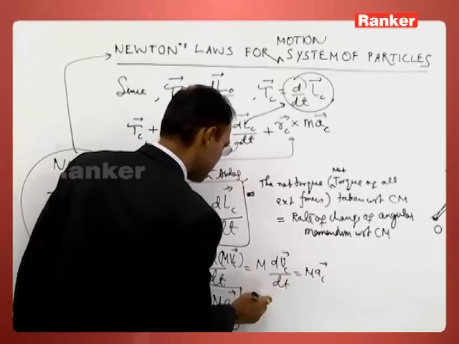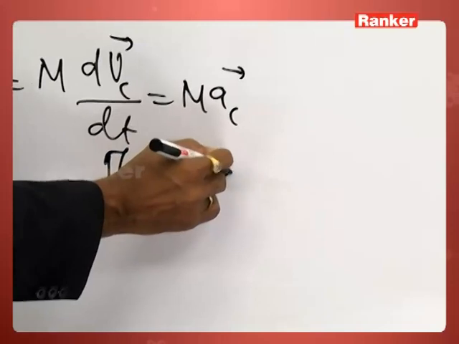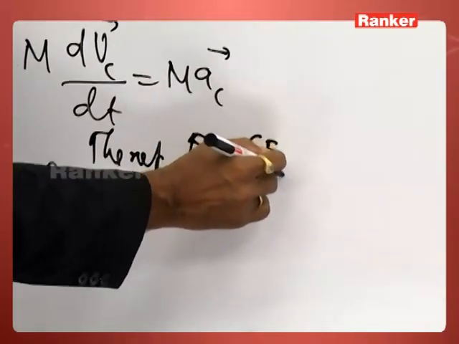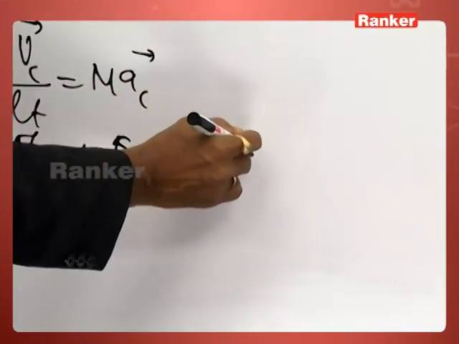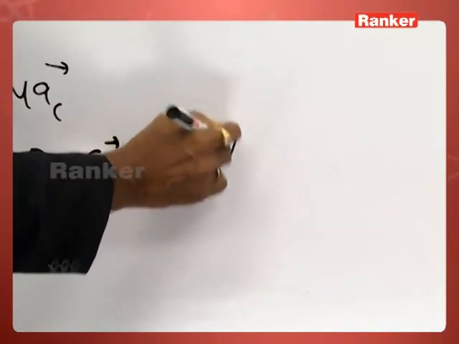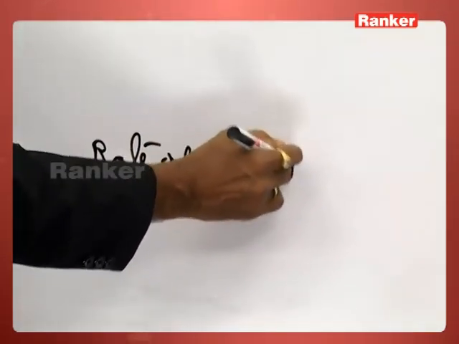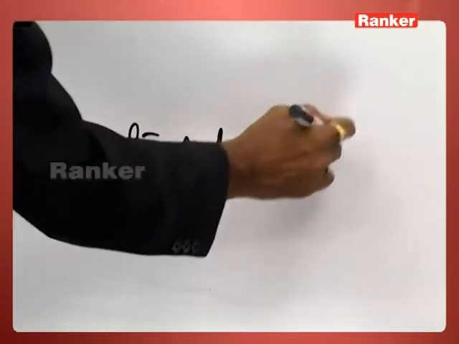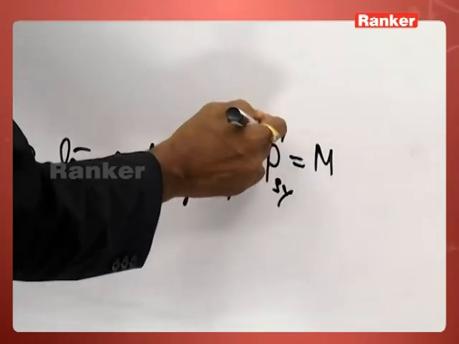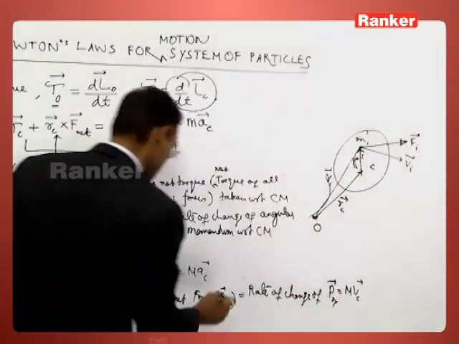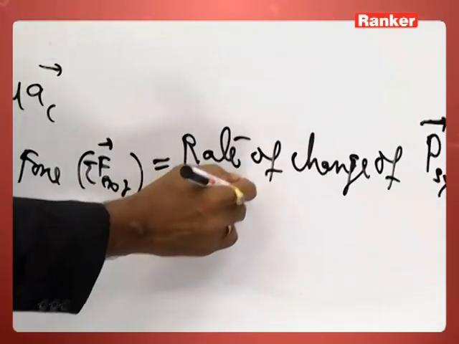And Newton's law of translation states that the net force, or the sum of all external forces, because the sum of internal forces will be equal to 0, is equal to the rate of change of linear momentum of the system, that is equal to the mass of the system into the velocity of the center of mass, or we can just write the mass of the system into the acceleration of the system.